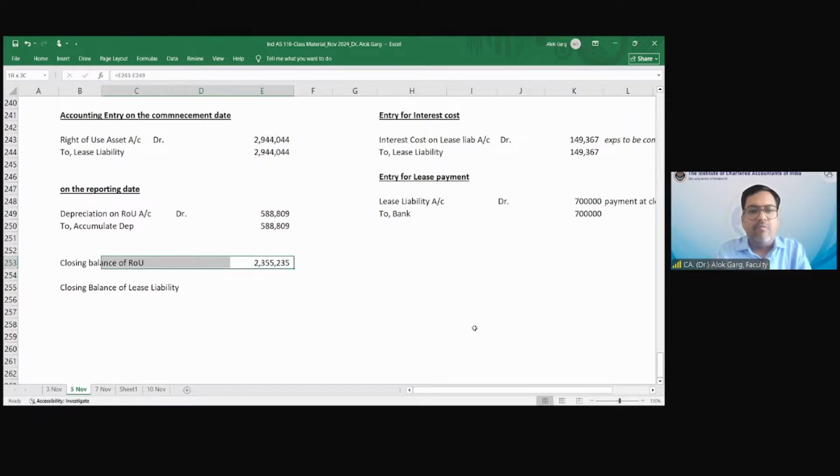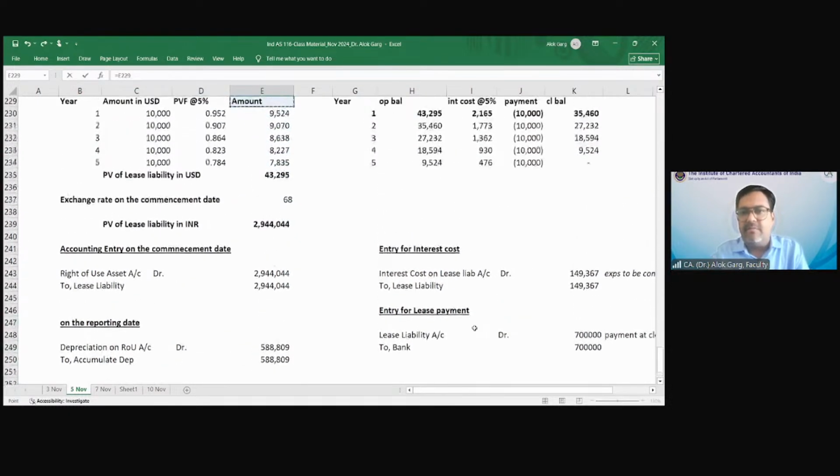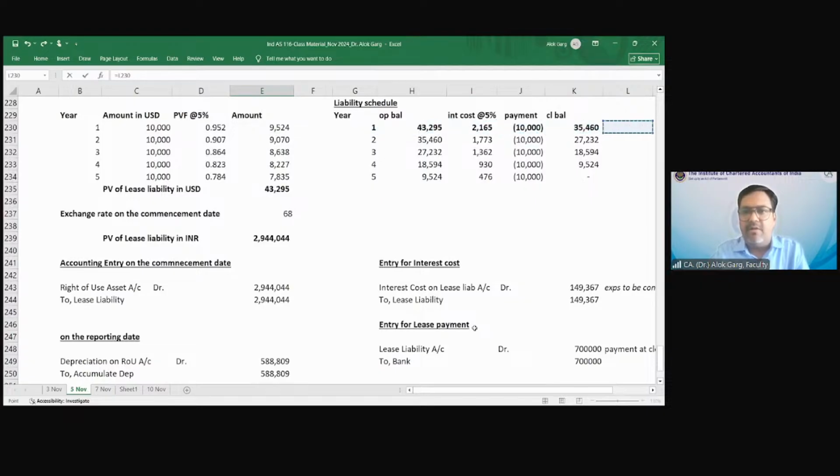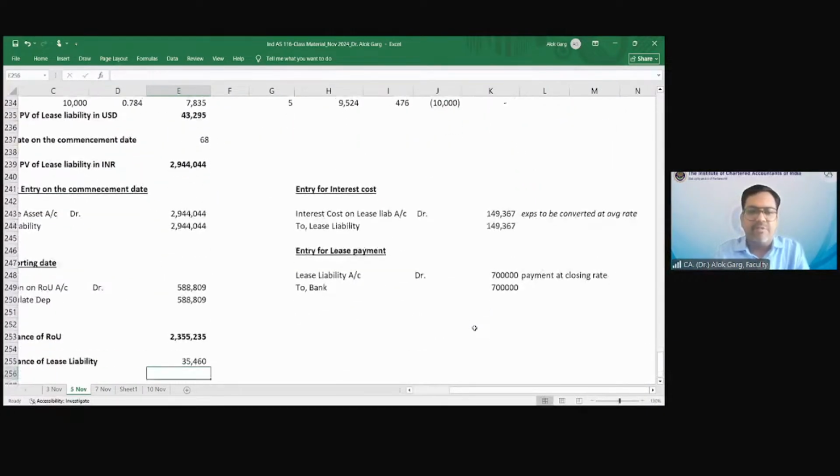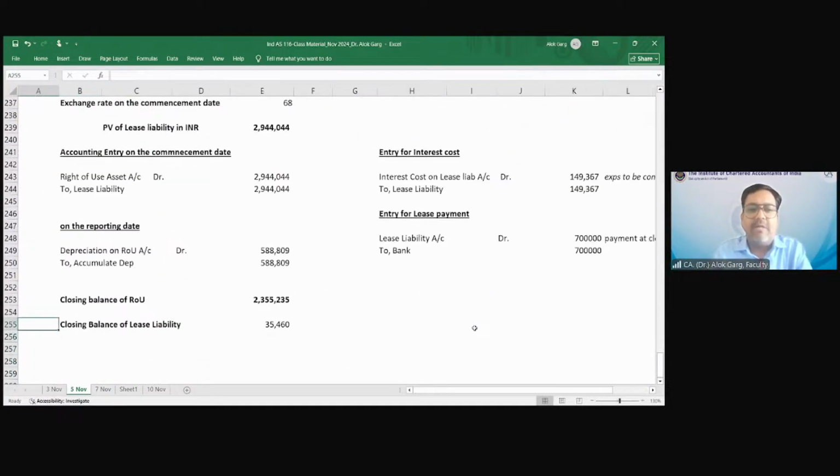What is my closing balance of lease liability? My closing balance of lease liability is how much in dollars? 3135460. Multiply by closing rate. Monetary item has to be remeasured at the closing rate. What is the closing rate? 70, which is given in the question. Okay, Ravi? Yes, sir. Okay, perfect.